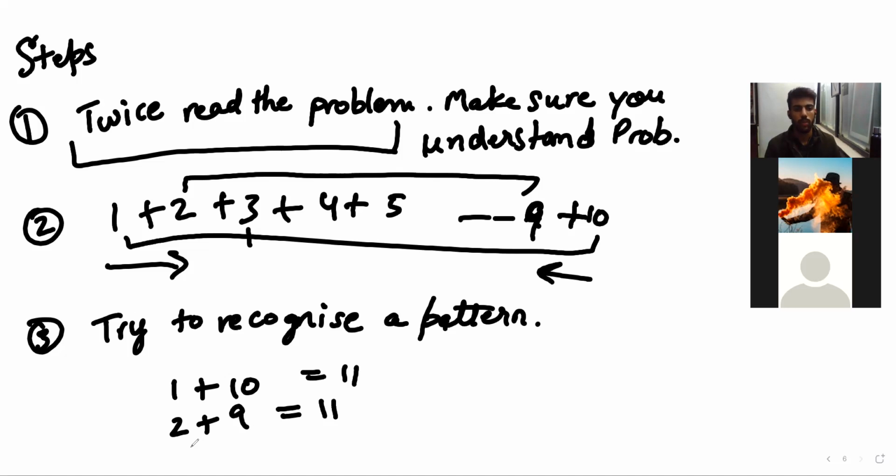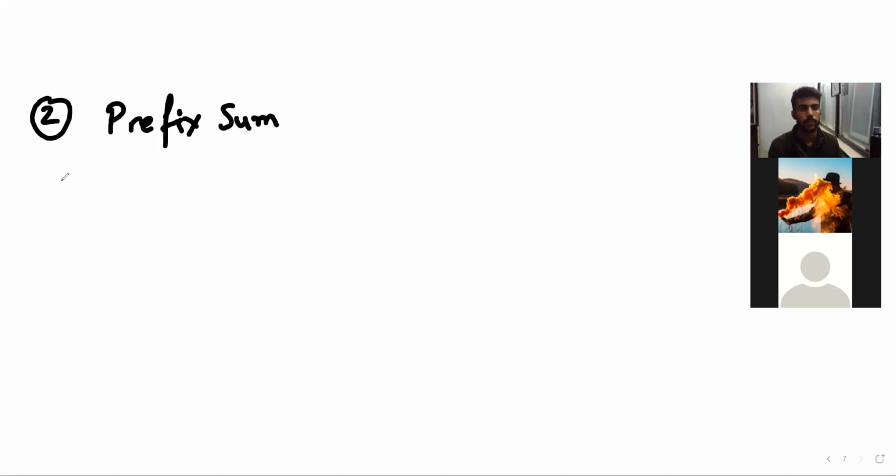Whenever we increment by one and decrement by one and then add the two numbers, we are always getting the same number. So this is the pattern, and if you want to know more about this, in programming we have a concept of prefix sum and suffix sum.